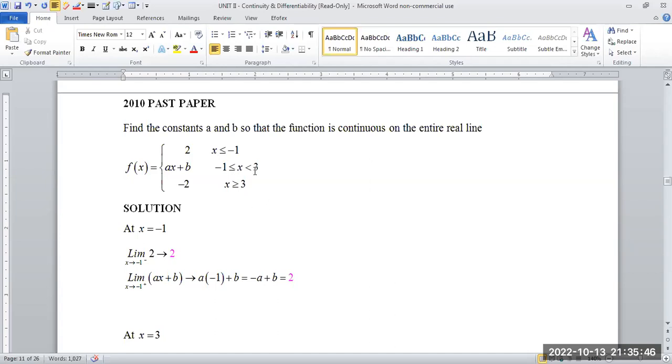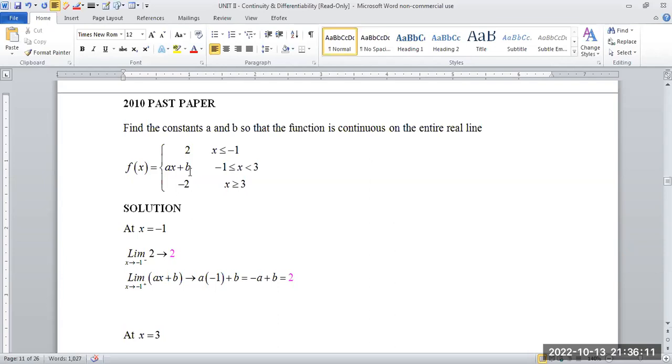Sir, where I keep getting mixed up is where the b is. Should we substitute it with the 2? Let me ask a question. You see no x beside the b? No, sir. You can't substitute anything there.